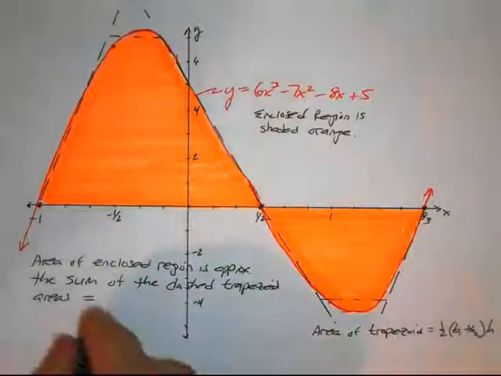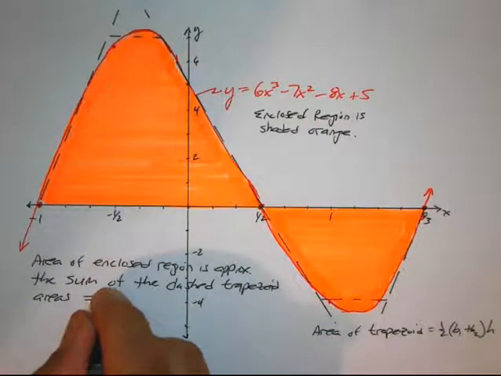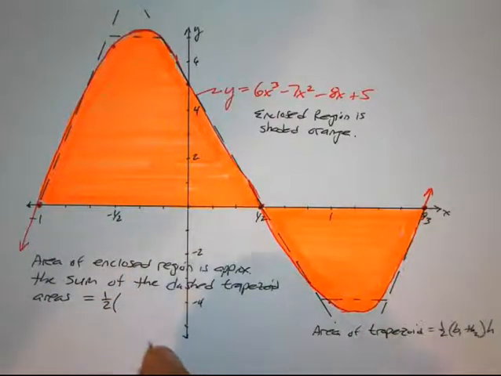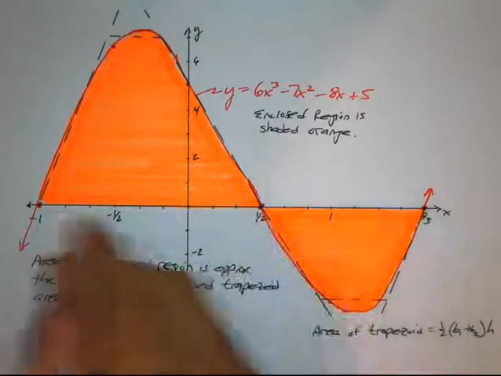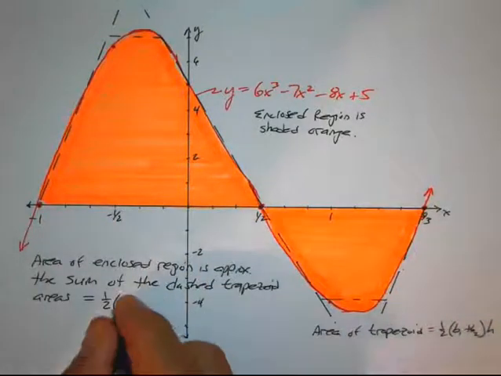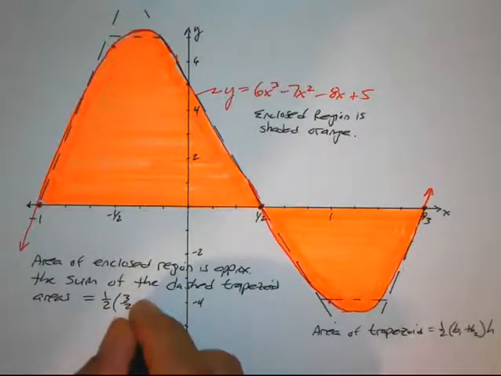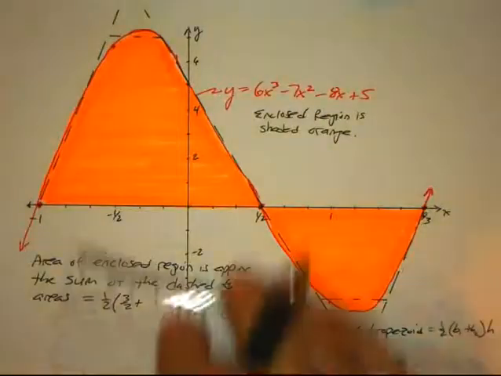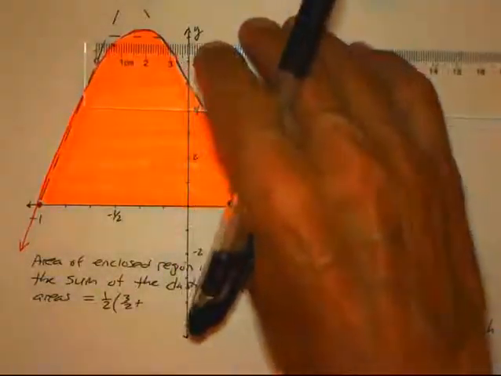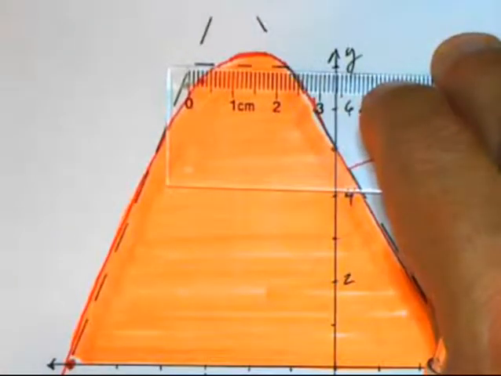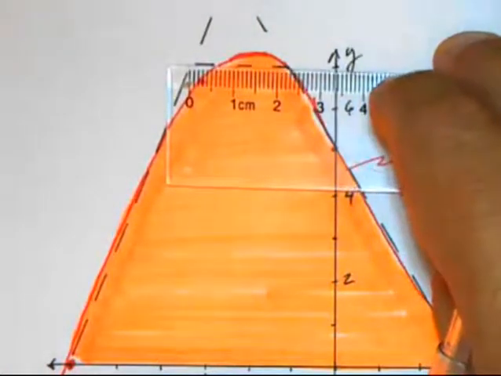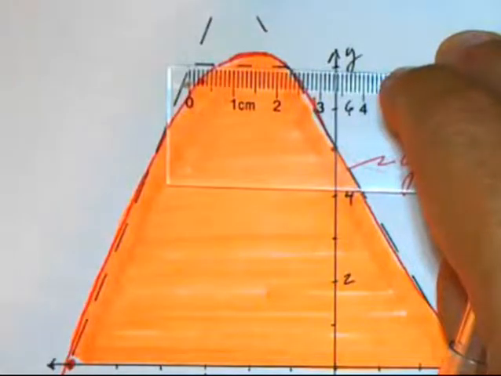Okay, so here on our first one, 1/2. The first base, call it the bottom one here, that's 1 there and a half there, 3/2, plus. Okay, so this second base, ruler measurement, looks to be 2.3 centimeters.